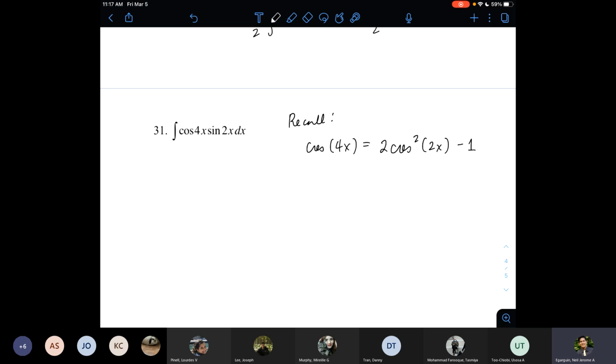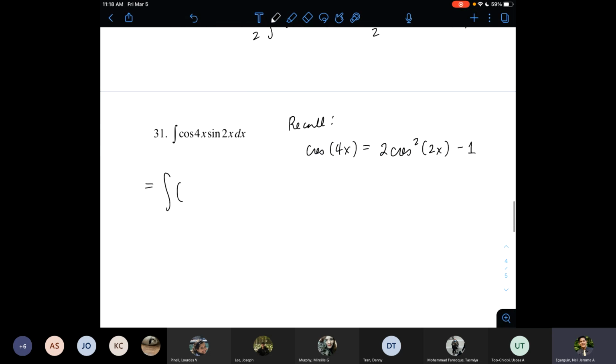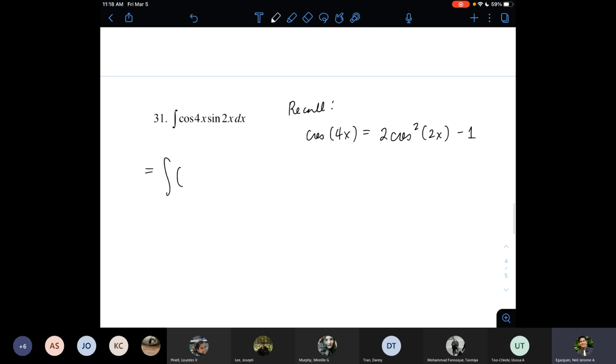Right, from your double angle identity. Okay, and now I'll use this identity here to convert the cosine 4x. So I'll have 2 cosine squared 2x minus 1 times sine 2x dx.